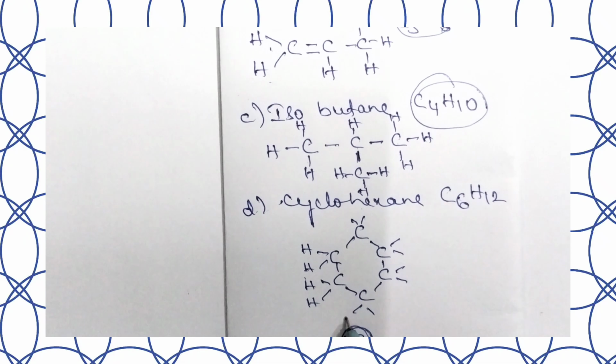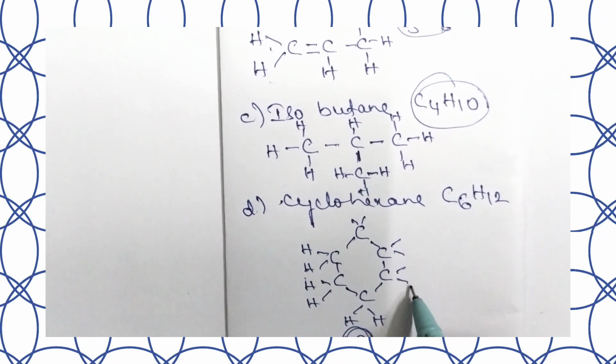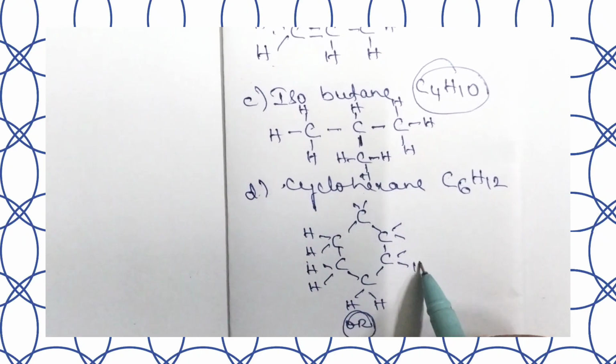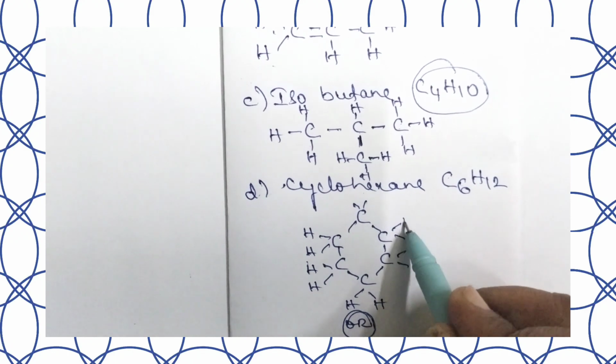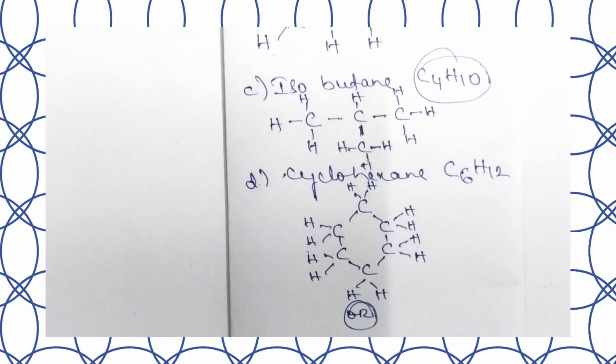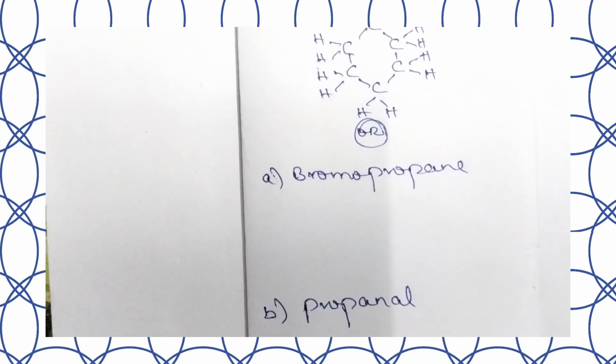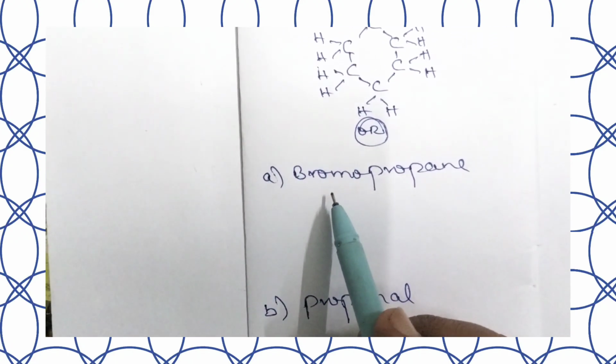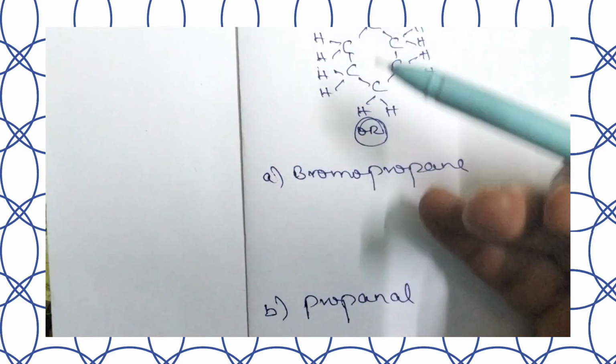Then 6 carbon, 12 hydrogen. So like this we have to write the molecular and structural formula for the following. Inside this there is another optional question. You have to answer either this one or this one.